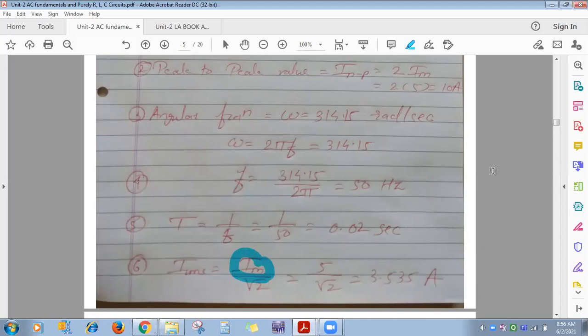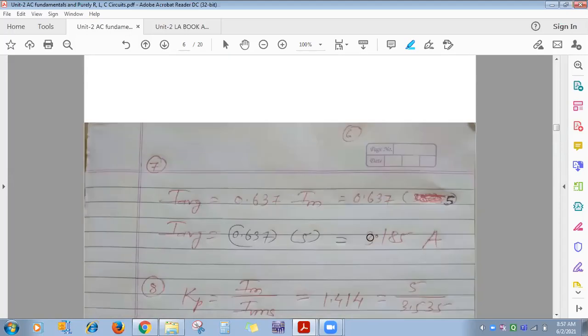The formula is 2 by pi into peak value, that is 0.637 times the peak value. Peak is 5 ampere, so you will get 3.185 ampere. This is the average value.